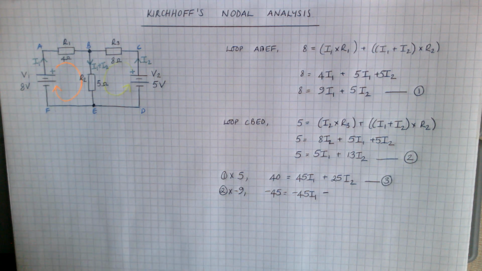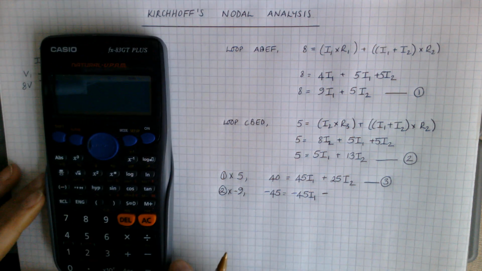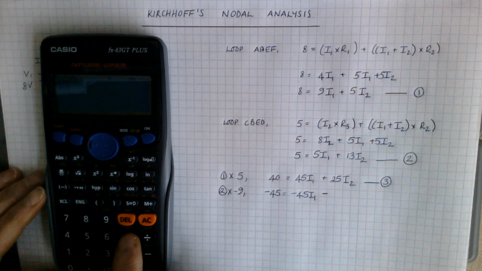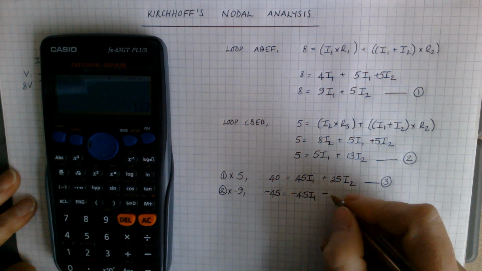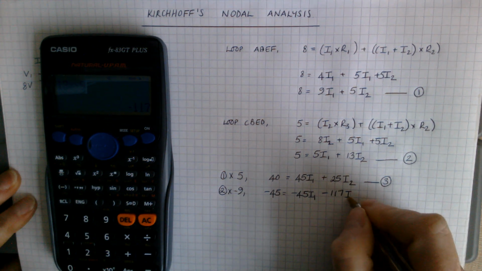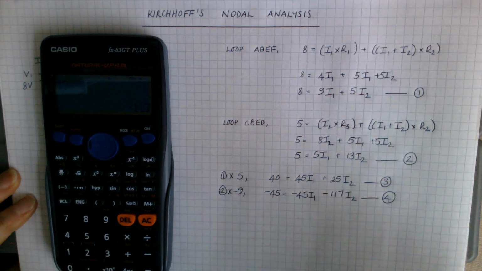Multiply everything in the simultaneous equation by the same thing. So I'm going to multiply 13 by that negative 9. So it's minus 117 I2s. And that gives me my equation 4.